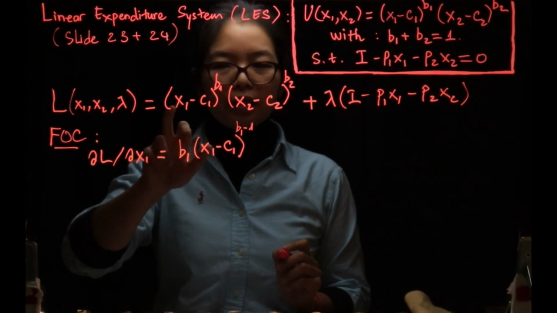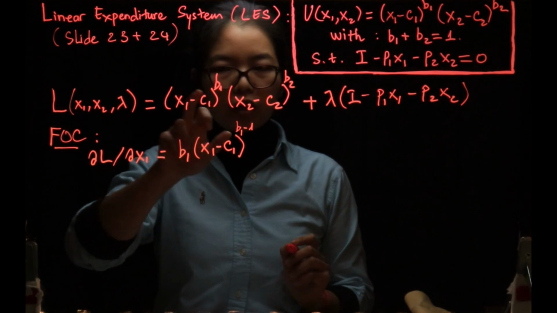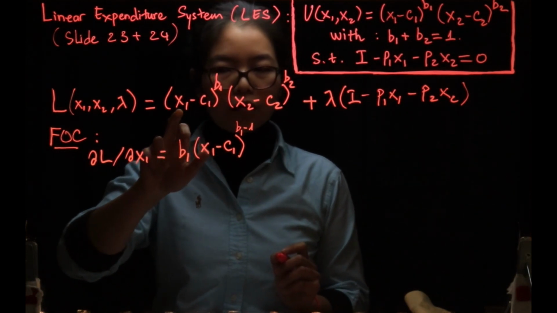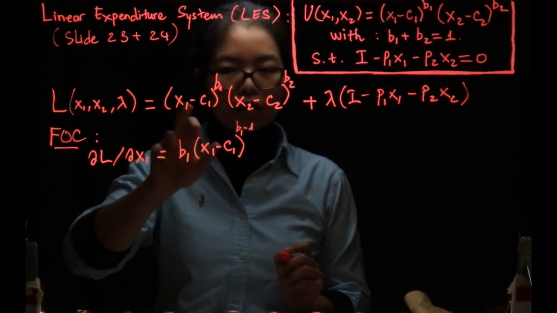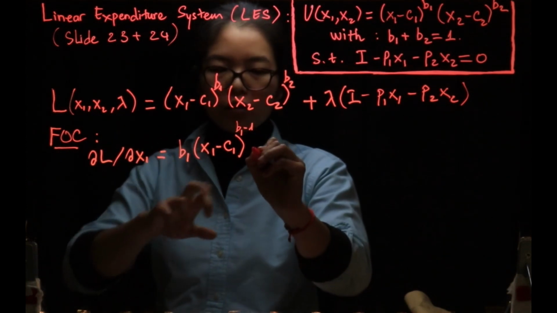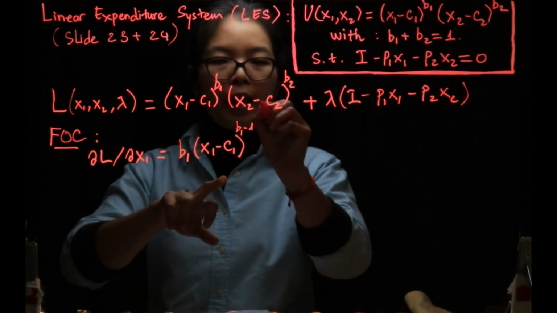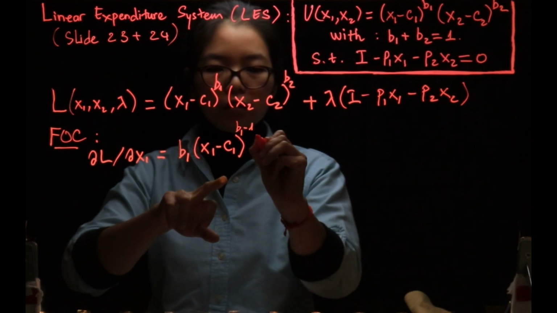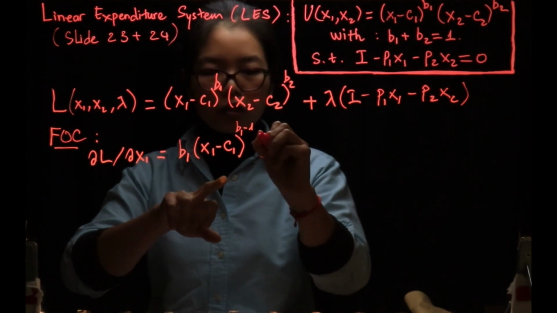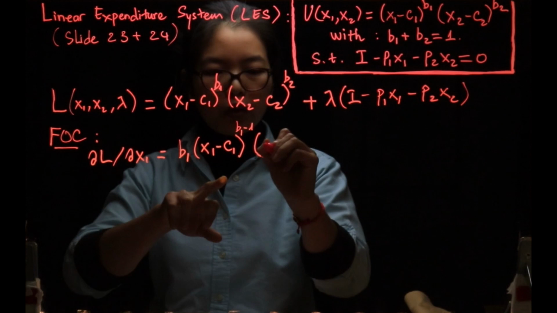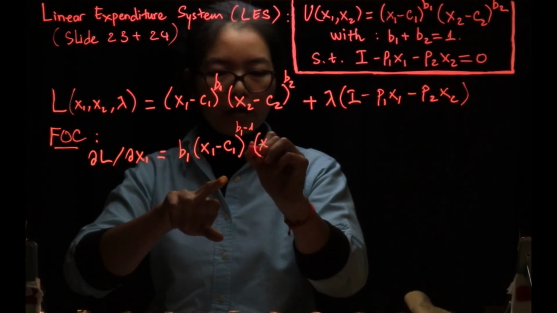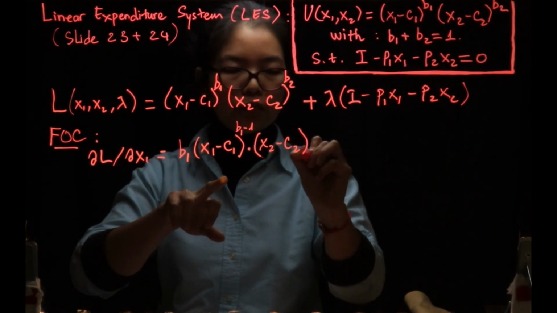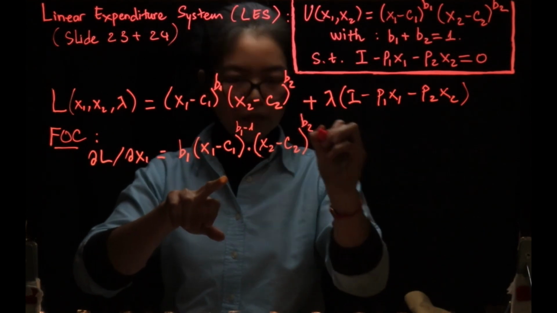But luckily, the derivative of the function inside the bracket is 1, so we don't have to write it here. And then the second term with x2, now treated as constant, we can just write again, times (x2 minus c2) to the power of b2.